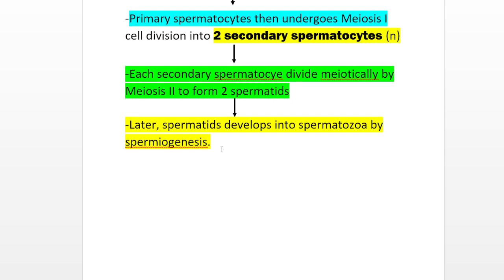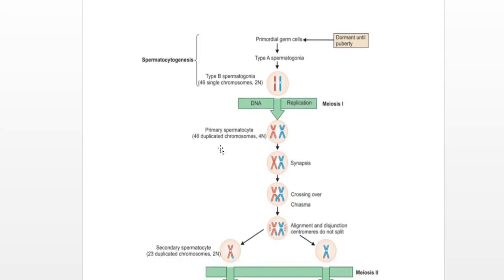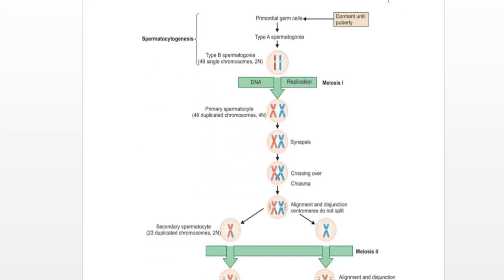Now we'll talk about spermiogenesis. We can better understand in this figure: the primordial germ cells are dormant or inactive until puberty in males. The primordial germ cell first develops into type A spermatogonia. Type A spermatogonia do not undergo active mitosis, so they further develop into type B spermatogonia.